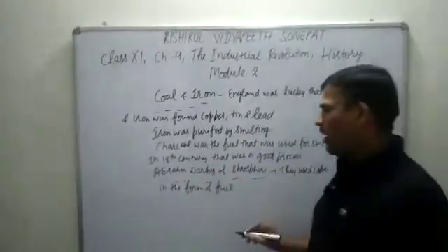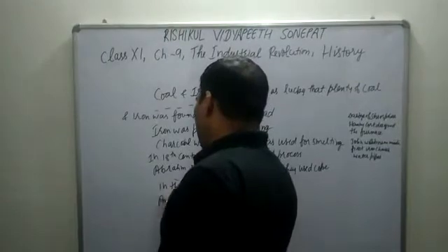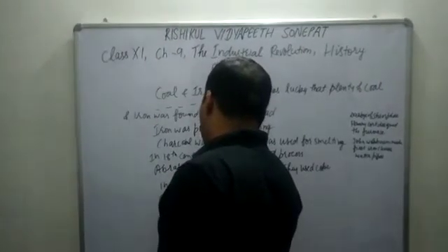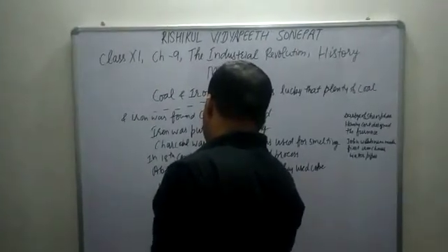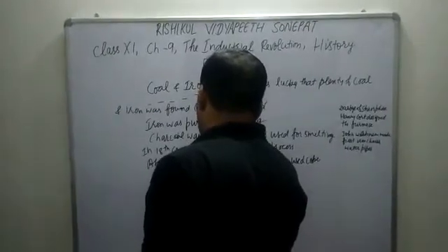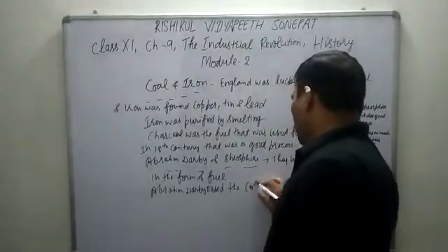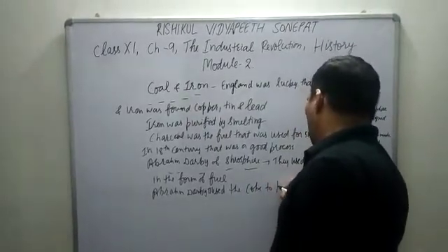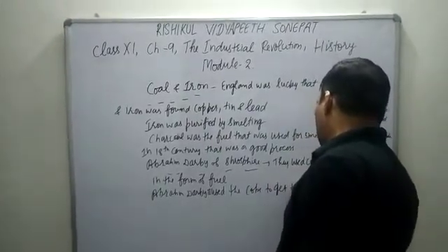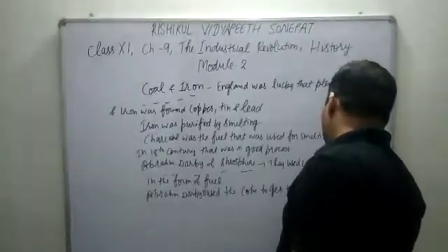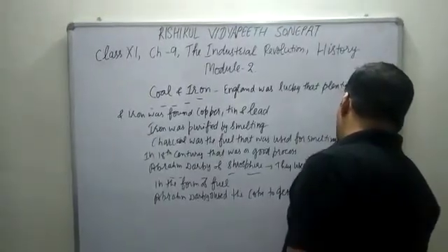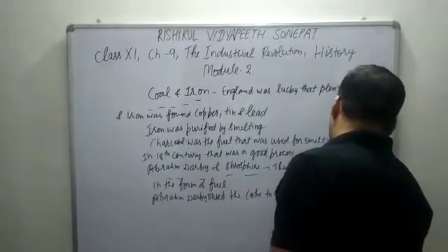Now what happened? Abraham Darby the second used the coke to get wrought iron instead of pig iron.